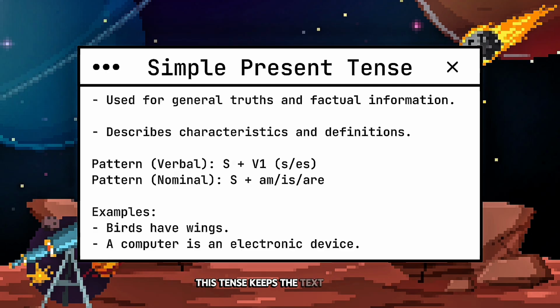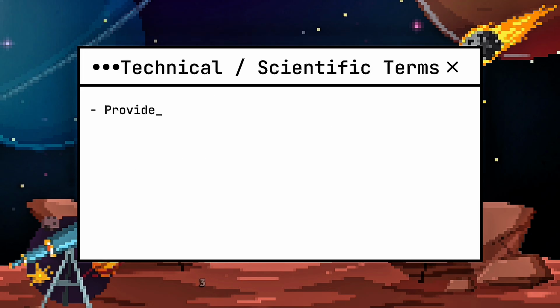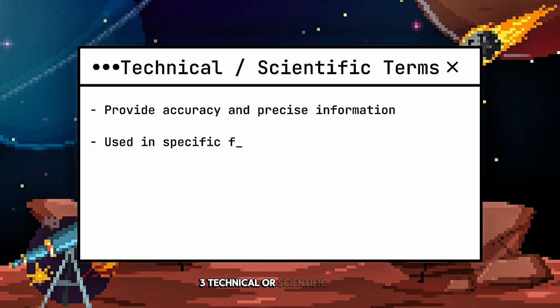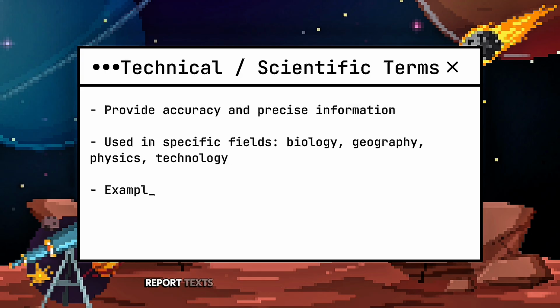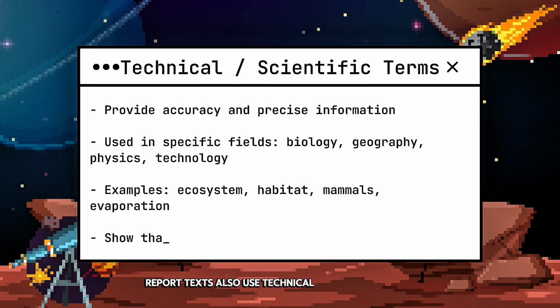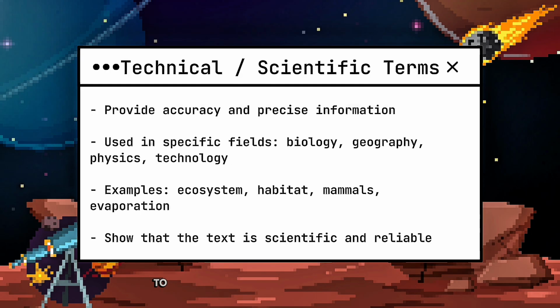This tense keeps the text formal, factual, and easy to understand. 3. Technical or scientific terms. Report texts also use technical or scientific terms to make information more accurate and precise. These terms come from specific fields such as biology, physics, geography, or technology.